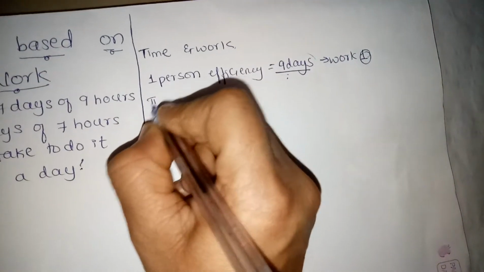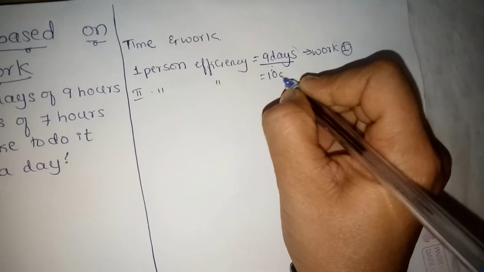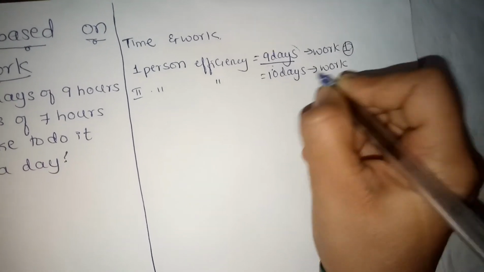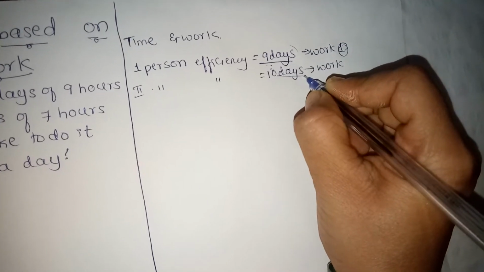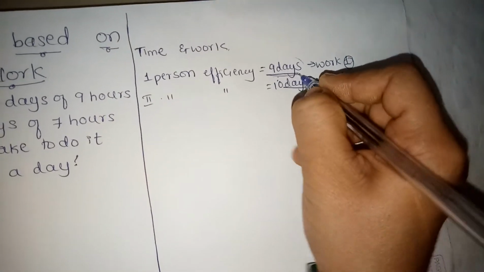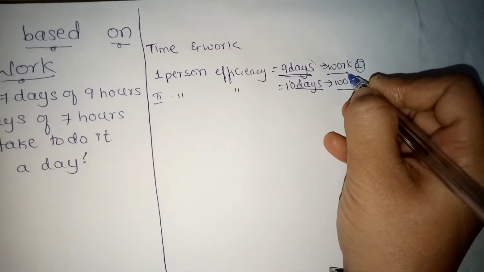The second person's efficiency is 10 days, that means he can complete the work in 10 days. So as the days taken are longer, the work is going to take a long time. If the days taken are fewer, then the work is going to be done in a very small period.